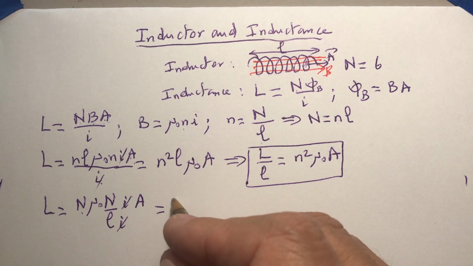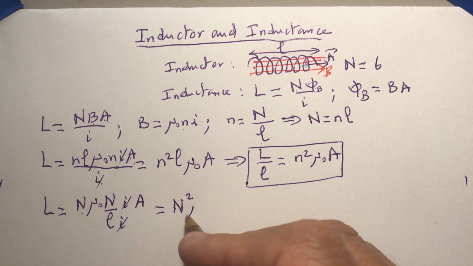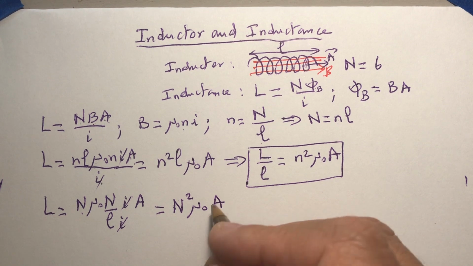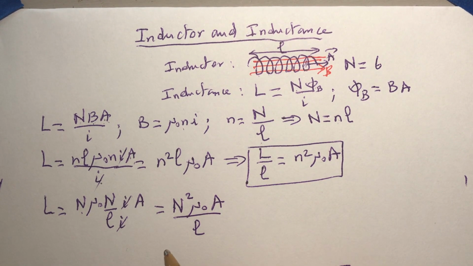And then I have N squared mu0 times A over L.